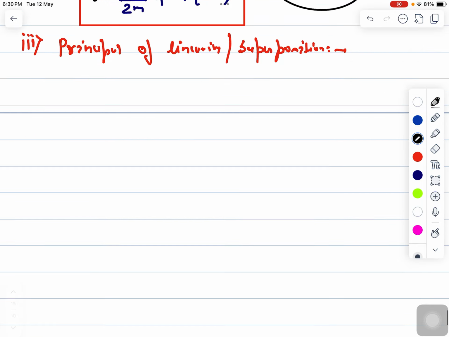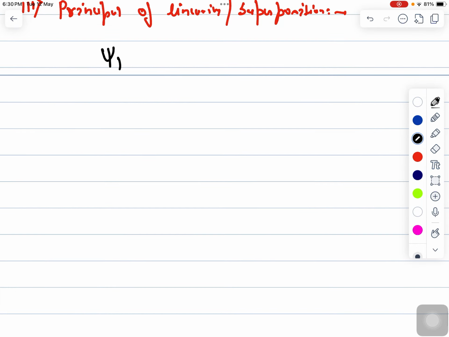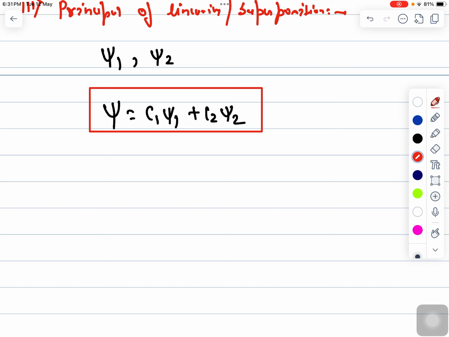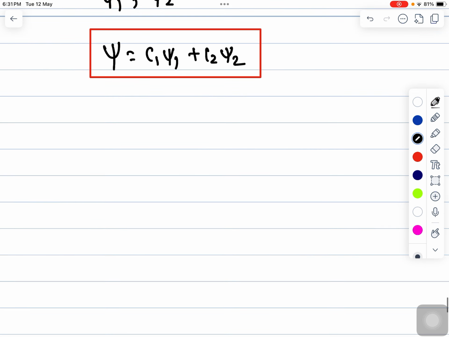If you have a wave function psi 1 and another wave function psi 2, the resulting wave function psi can be written as a linear combination: psi equals c1 psi 1 plus c2 psi 2. This is also called the superposition of two waves, psi 1 and psi 2.